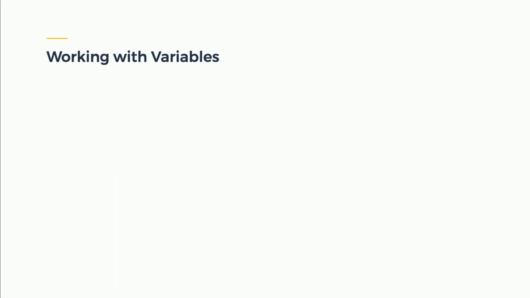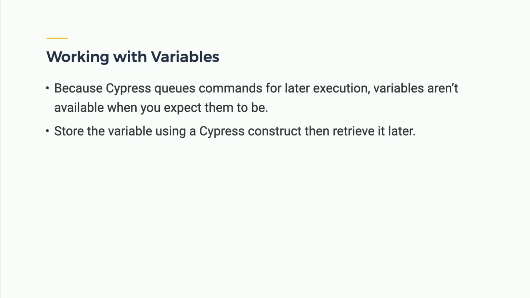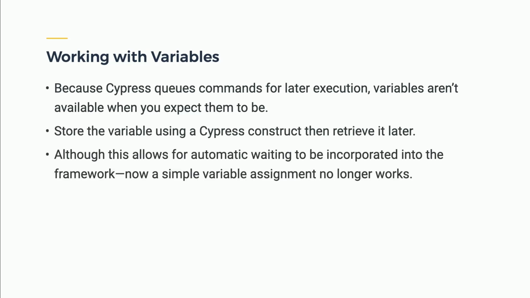So here's what that means in real life. Working with variables becomes challenging because Cypress queues commands for later execution, so variables aren't available when you expect them to be. So you have to store the variable in a Cypress construct and then retrieve it later. And although this allows for automatic waiting, in other words, this queuing system is how they handled automatic waiting, now simple variable assignment no longer works.